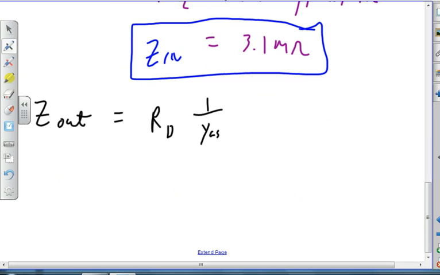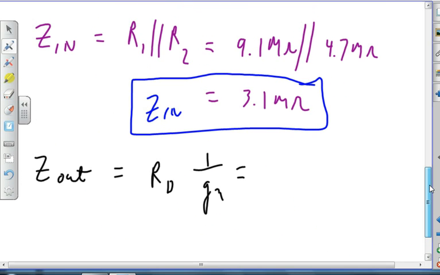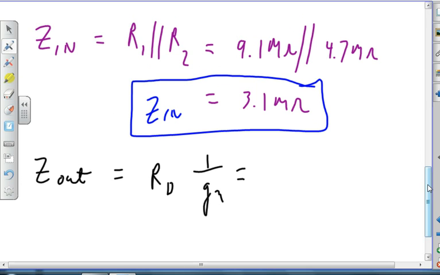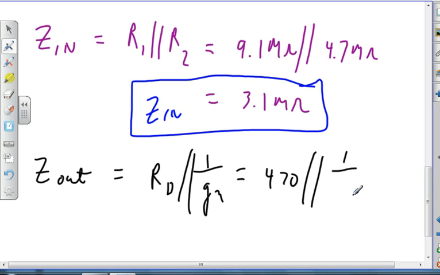All right, so I was using the wrong guy, is what you're telling me. So that means I have to go back and redo that other guy too, right? So RD is 470, in parallel with 1 over 2500.